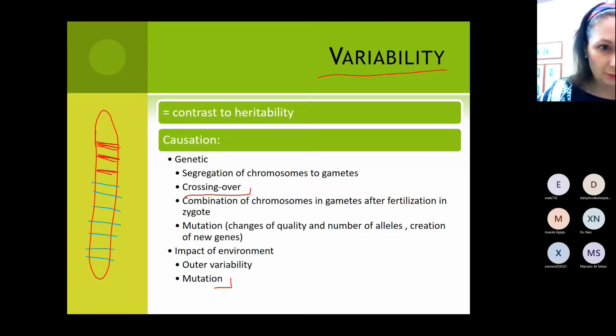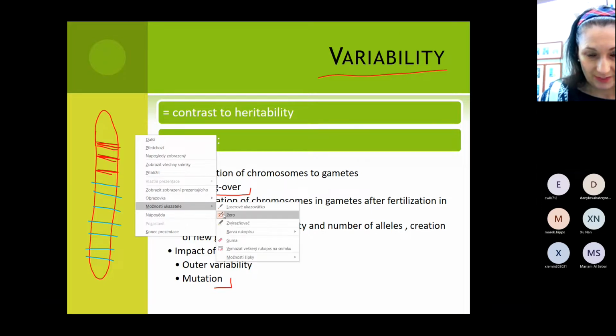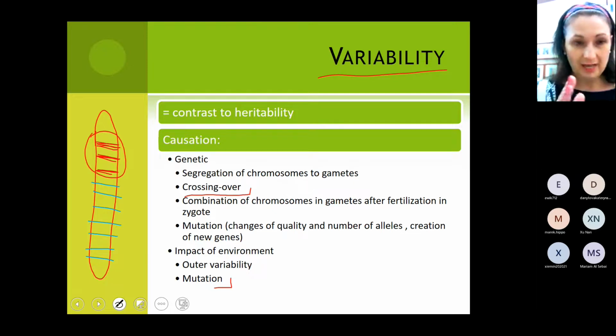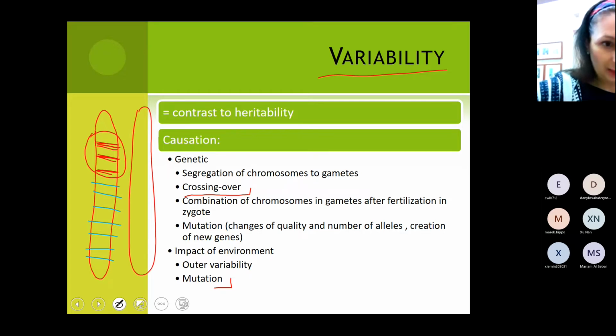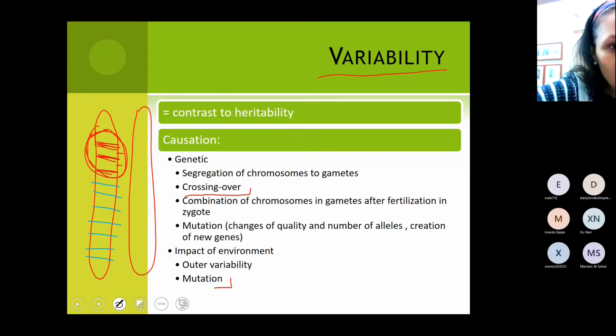However, these red genes, which are close together, are inherited together. So it means that crossing over is not really a stochastic process. During crossing over, we can observe that this part of the chromosome is not breaking and changing with the second chromosome coming from the mother, for example, at just any point of DNA. The whole part, which contains in this simple example 3 genes, is breaking and crossing over together.